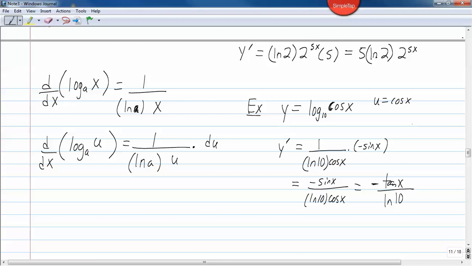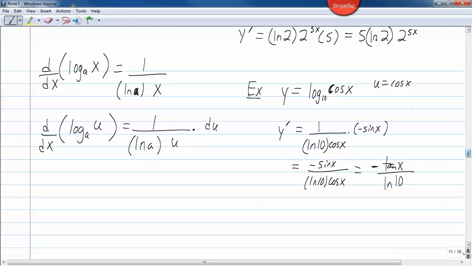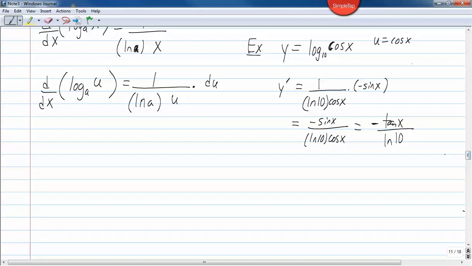Alright. So that's derivatives of bases other than e. Then of course where there's any derivative there's always an integral. But just make sure you know, if you have a u, you have your du type stuff.